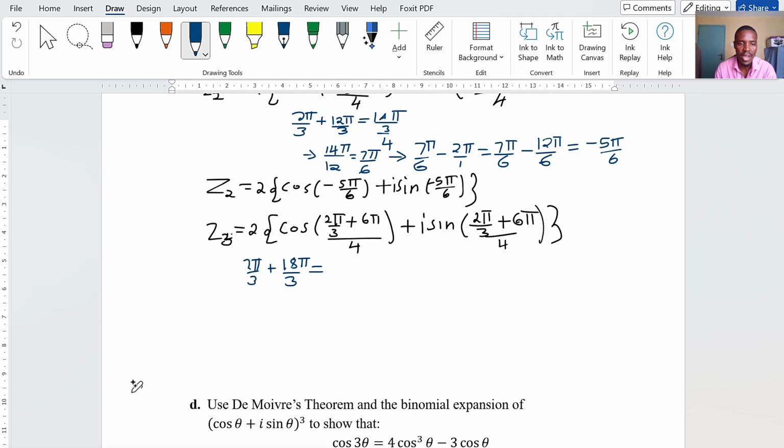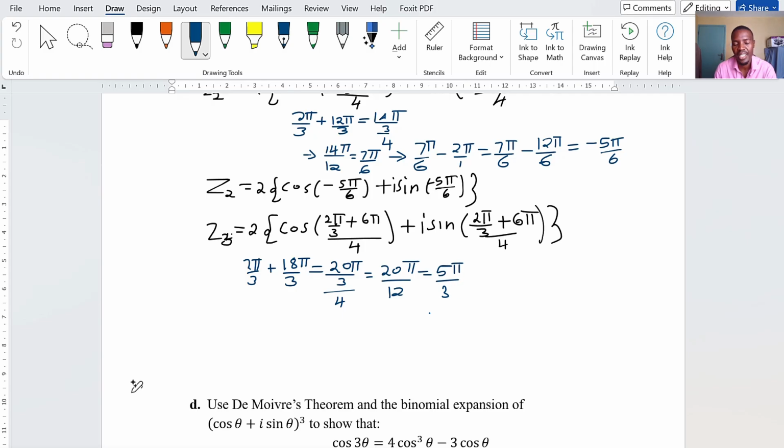If you divide 18 by 3, you get back your 6 pi. So to add it easily, you have 20 pi over 3, then all this over 4. This gives you 20 pi divided by 12. Simplified by 4, 5 pi, and 4 goes into 12 three times.